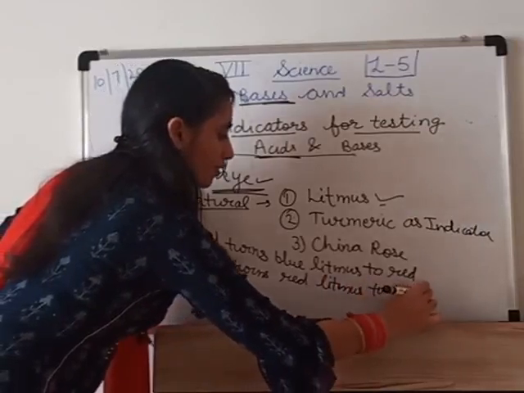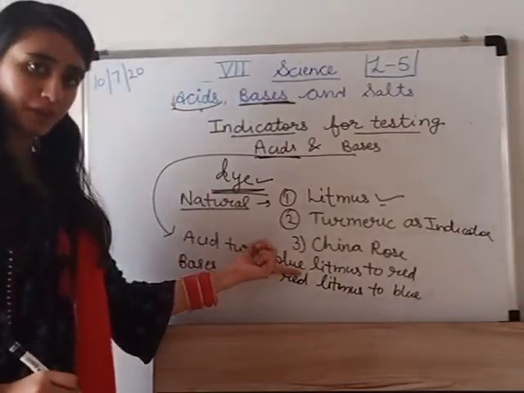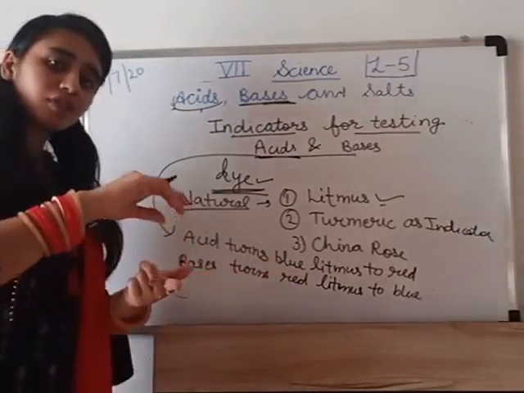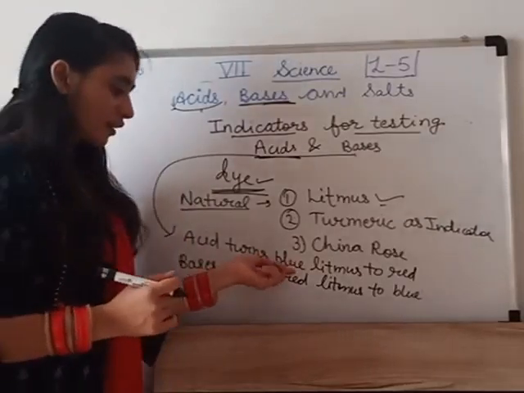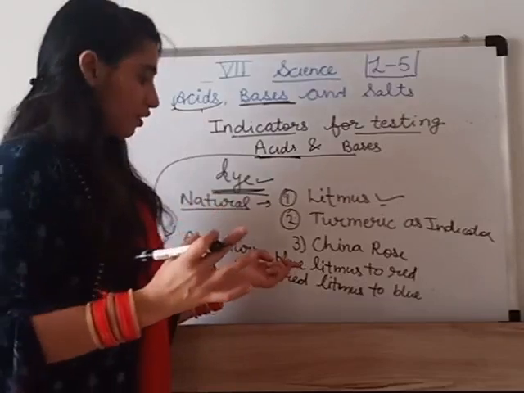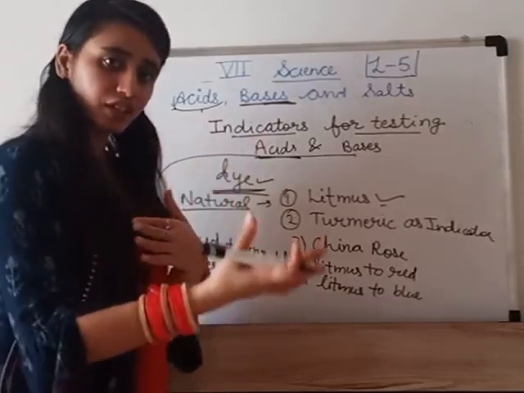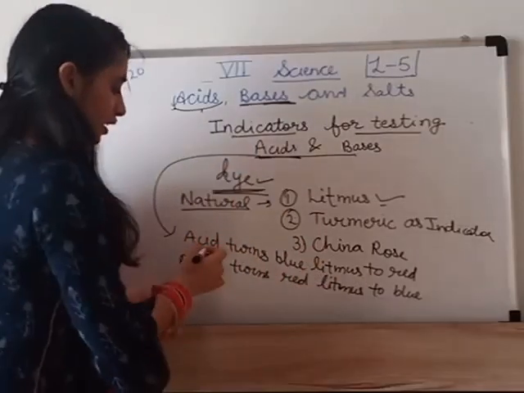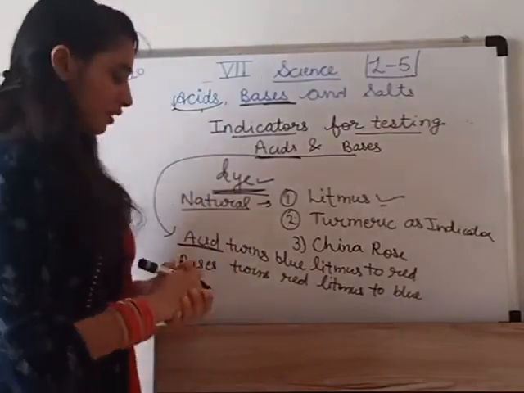If we take blue litmus paper and put some lemon drops, which are acidic in nature, the color of the litmus paper changes from blue into red, so lemon is acid in nature.